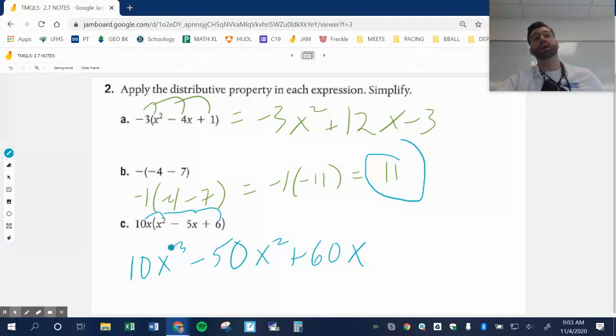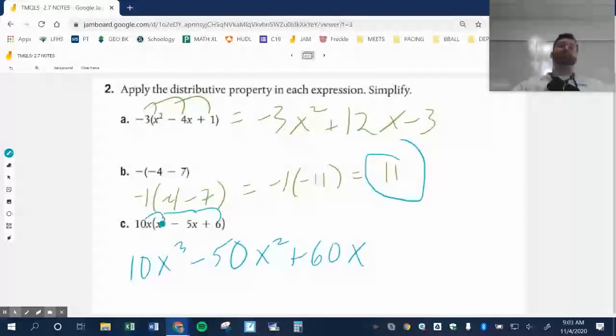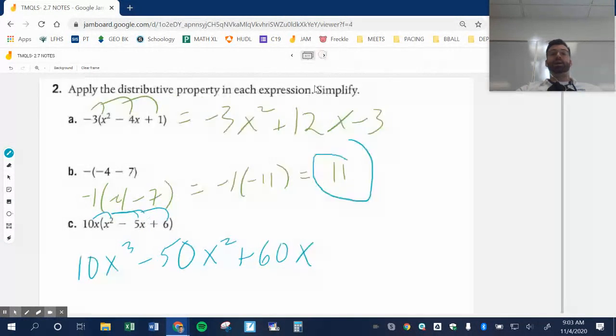I distributed 10x. 10x times x squared gives me 10x to the third. Remember, we add our exponents. We're going to do more practice with exponents on Friday. 10x times negative 5x is negative 50x squared, and then 10x times 6 is 60x.